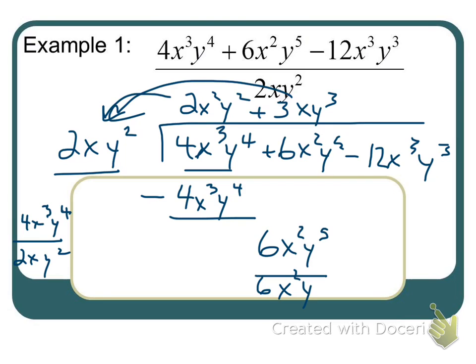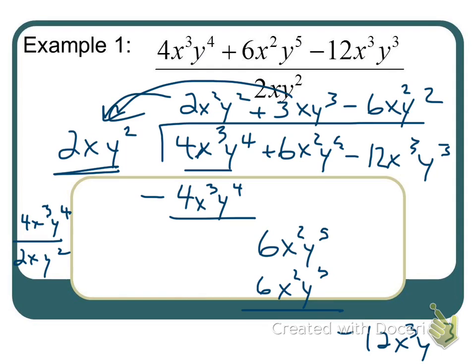And then we will subtract and bring down the next term, negative 12x cubed y cubed. And then this will divide into this, negative 6x squared y squared times. And then when you multiply, you're going to get that.